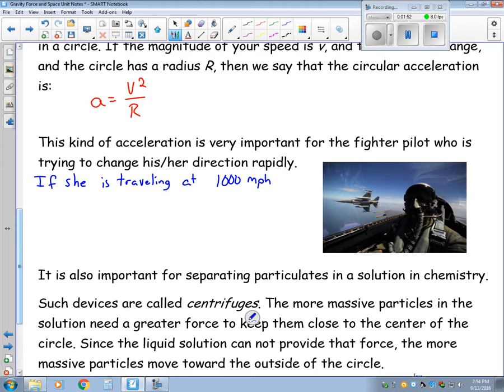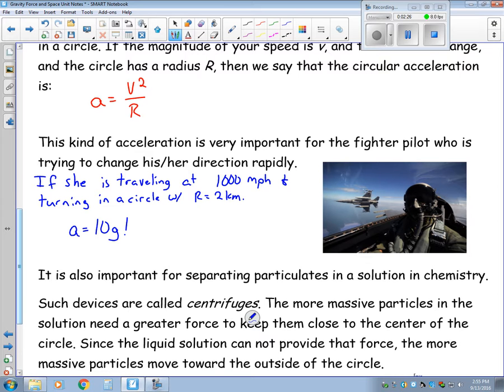She's traveling at 1,000 miles per hour, and she's turning in a circle with a radius of 2 kilometers. We could figure out that acceleration, and what it comes out to be is right around 10g.